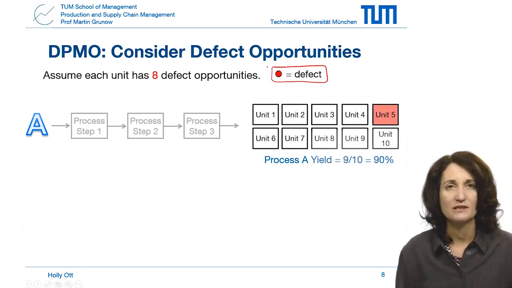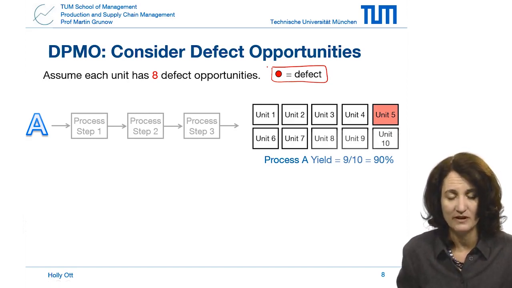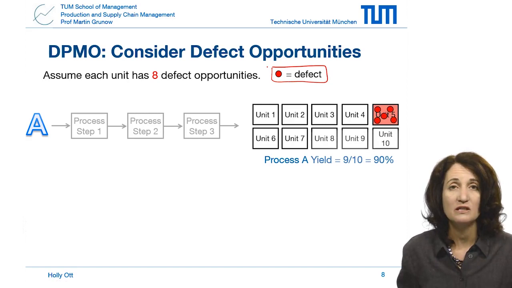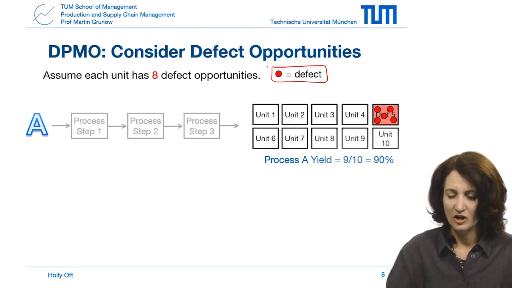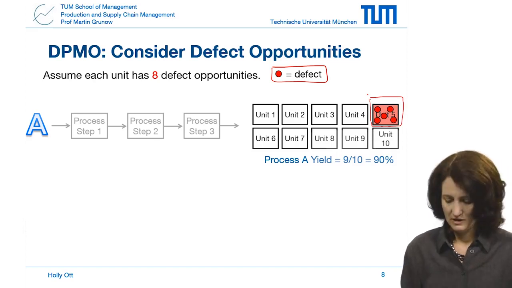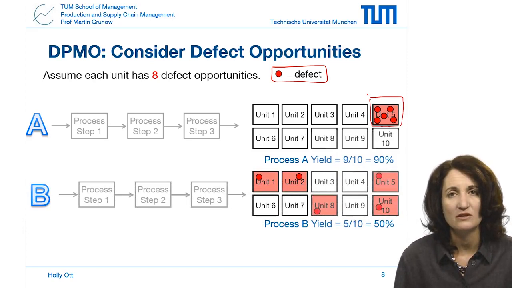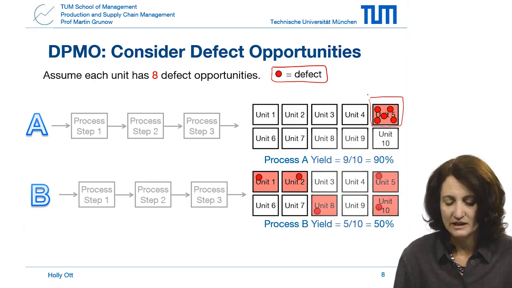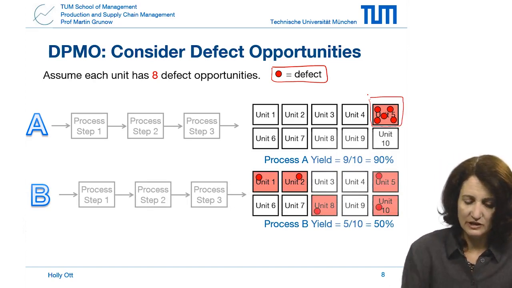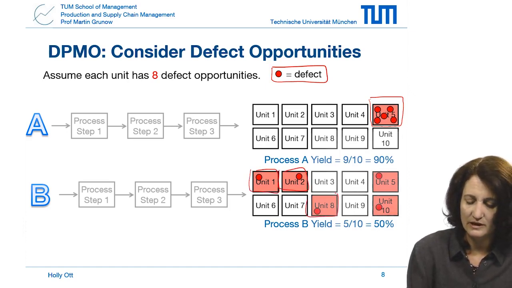Here we see for process A, remember that Unit 5 was defective, and all of our defects have occurred on Unit 5 and it's officially defective. For process B, however, we see that the defects are actually on each of the defective units. Each of these defects caused a defective unit, but they all occurred on different units instead of all in the same one.